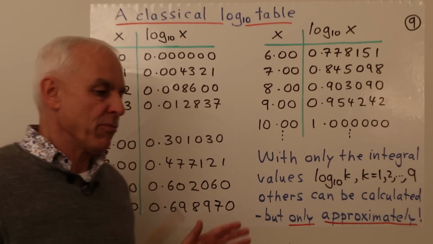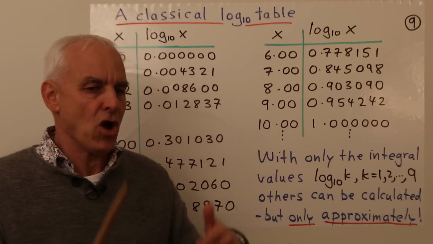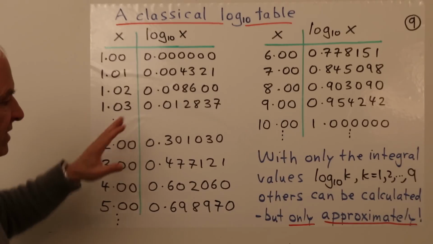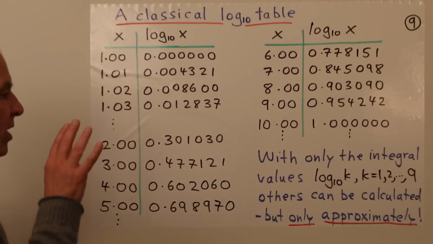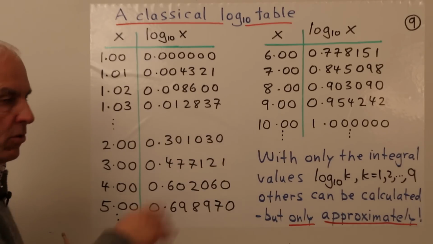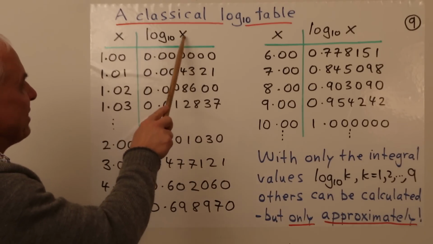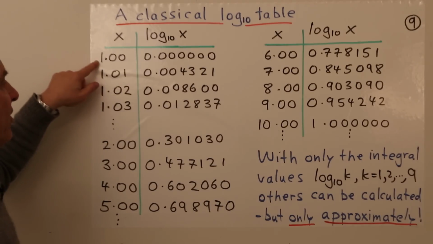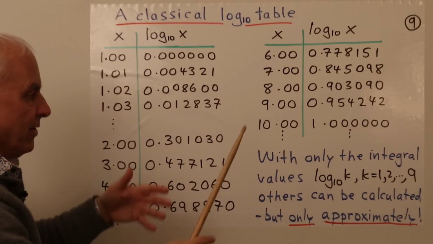So after Briggs comes along and spends a lot of time sort of rethinking how to make this thing computationally effective, then it's sort of rewritten. So it's the same kind of data, but we're presenting it in a nicer way with this base 10 orientation. So we just have x and log to the base 10 of x. Okay, so this is like x, and this is the s value, or sort of minus s, but rescaled.